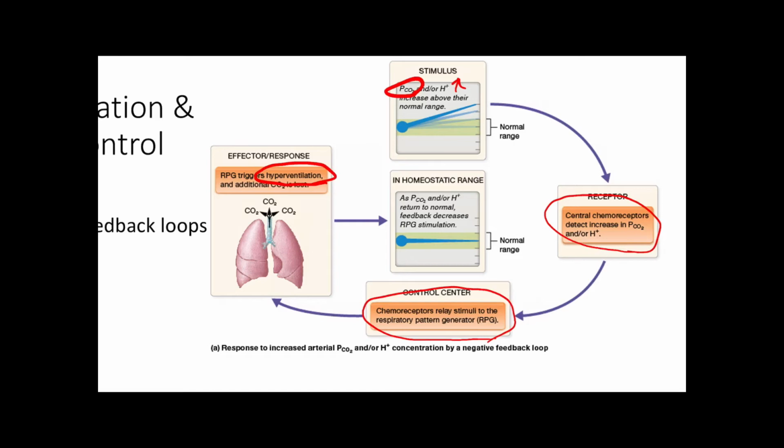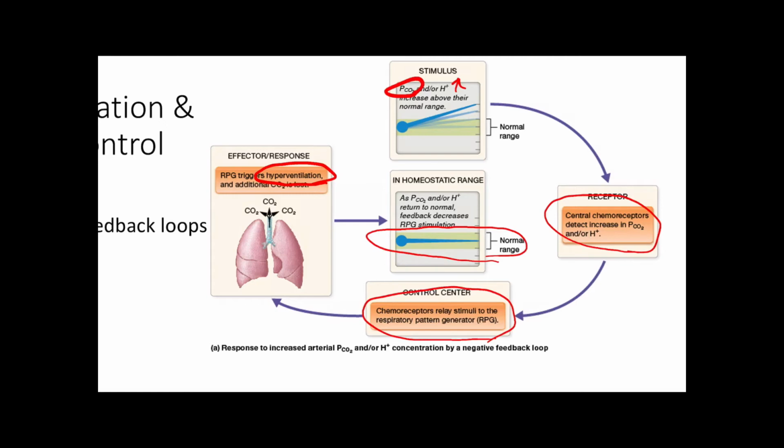With that hyperventilation, we're losing more CO2, there's less opportunity to make acids, and if everything's working well, that should bring us back to our normal range of values for PCO2 and hydrogen ion.